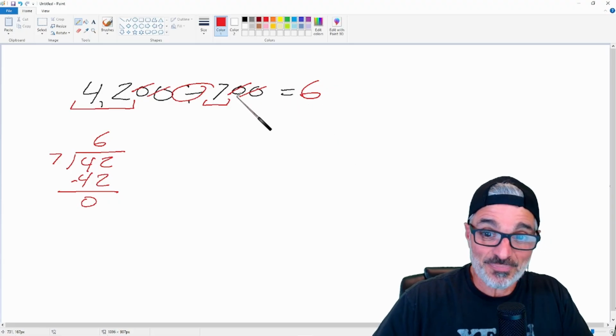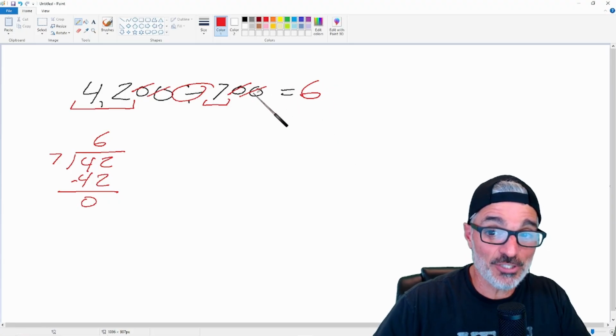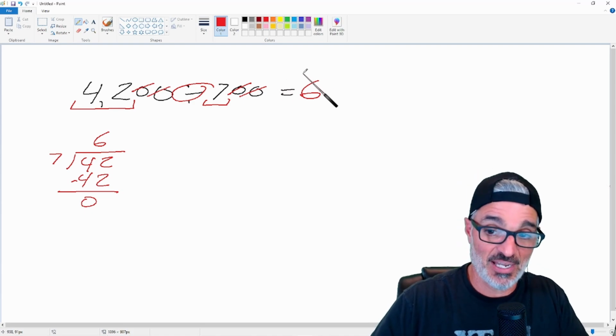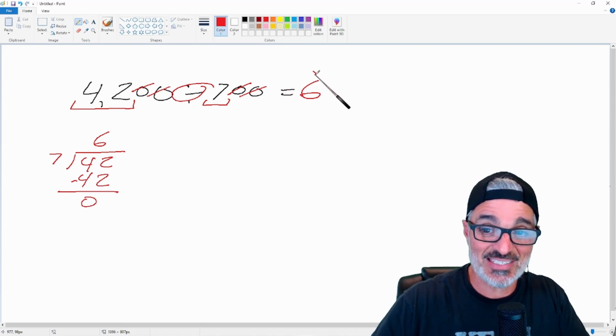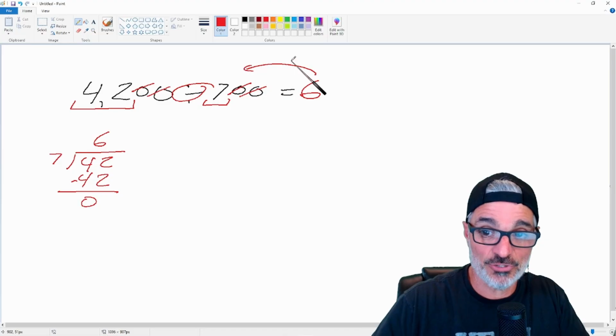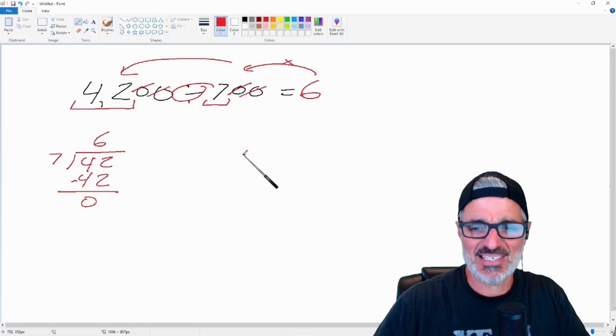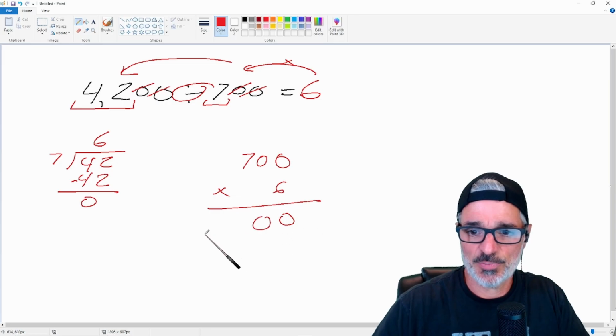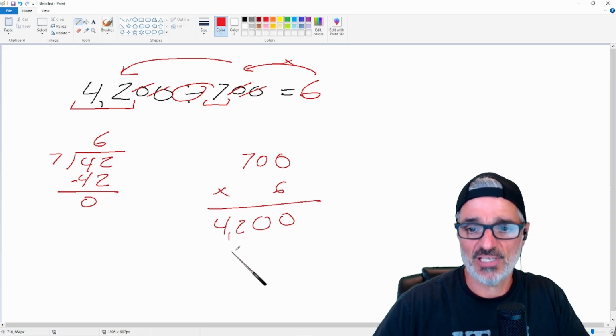That means that if I multiply 700 times 6, because remember, division and multiplication are inverse operations, 6 times 700 is supposed to give me what? 4,200. Let's see if that's right. 700 times 6. 6 times 0, 0. 6 times 0, 0, and 6 times 7, 42.